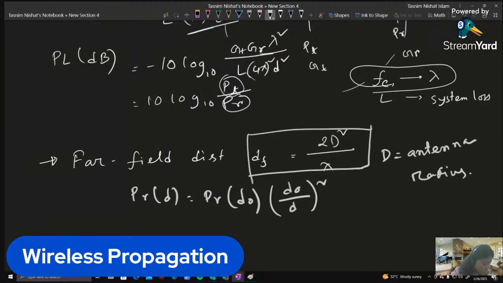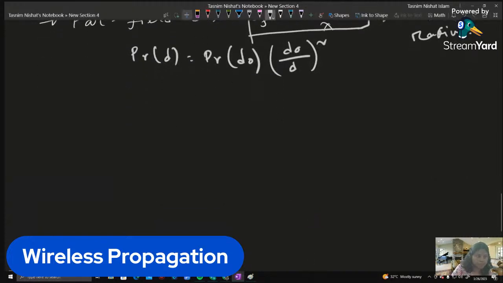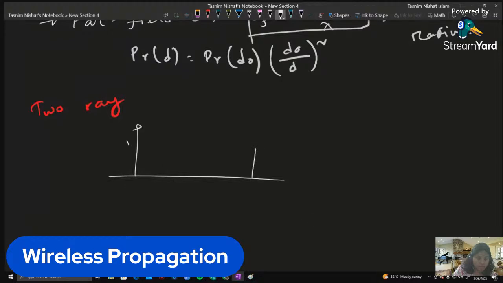And now the two-ray propagation. So for two-ray, we will consider the path like this. We will have transmitter and we will have receiver. This will be certainly the E LOS, and this will be the reflected path, and this is E_i equal to E_g, and this is E_T transmitted, and this is the E_r.